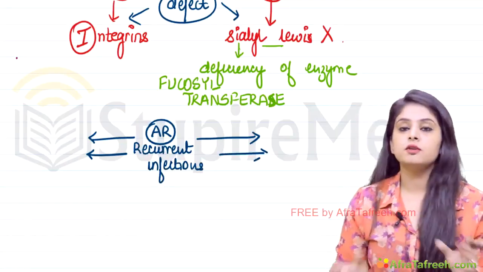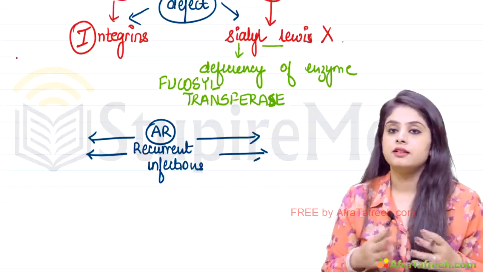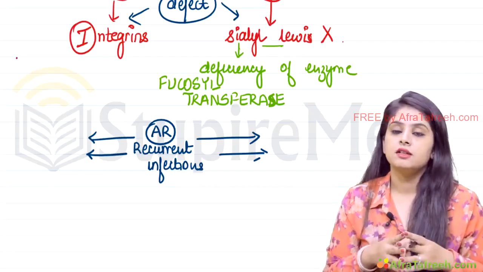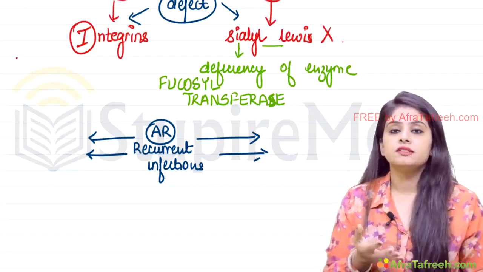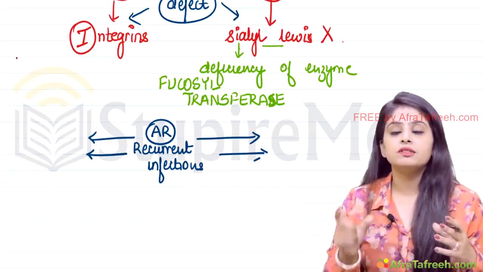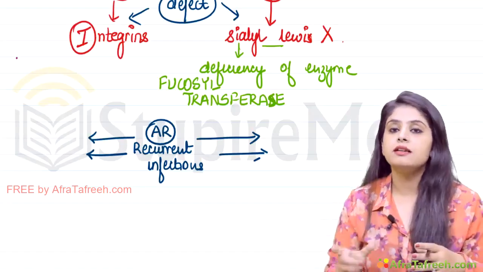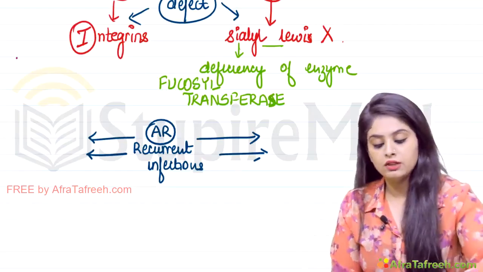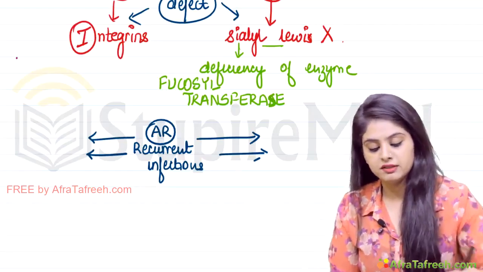Now students, if a question says that there is a 4-year-old child having recurrent infections, we cannot differentiate whether it is LAD1 or LAD2. There has to be some catch point in the question, in the clinical history, that will guide you towards LAD1 or LAD2. What are those catch points?